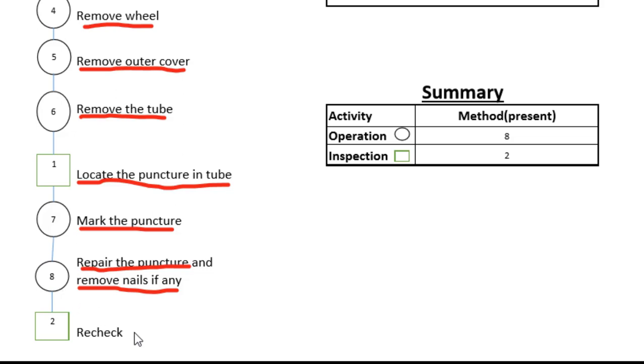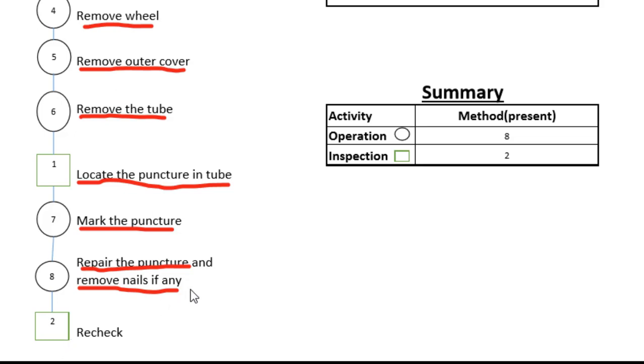Then lastly we recheck the tube, because if we have repaired the puncture, there should be no nails and no faults. So we recheck whether there is any problem, and we can still repair the tube.